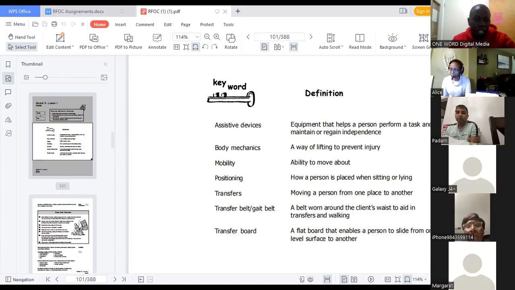Mobility. The meaning of the word mobility is ability to move about. And you find some of these clients are not able to move themselves. So the person who is helping them, it is you. You are the person who is helping them to complete tasks.